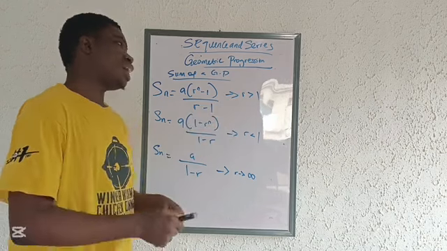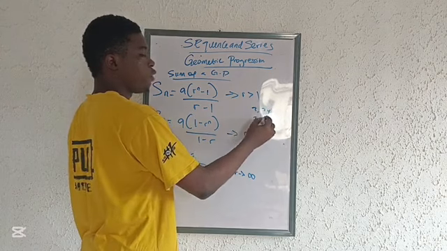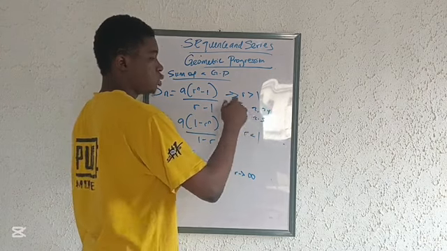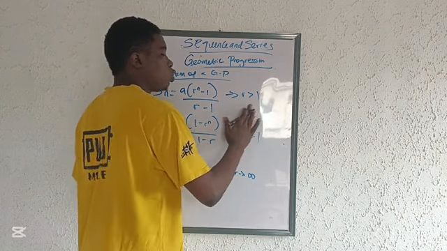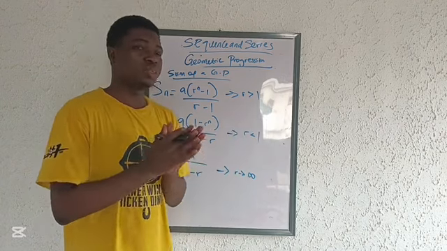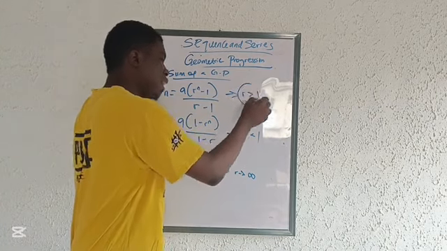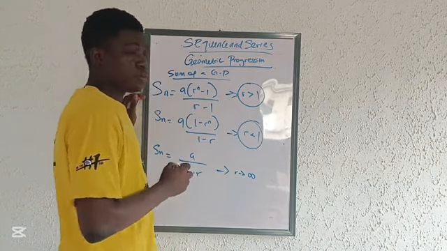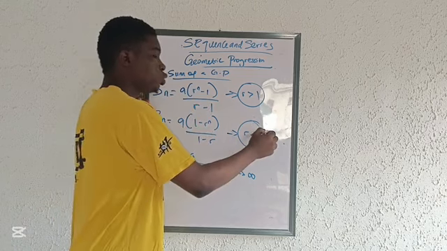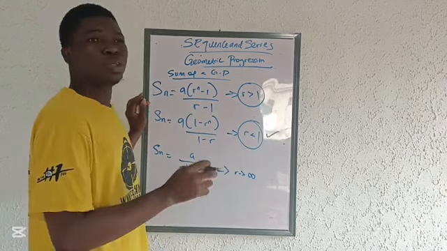Most times when you hear r is greater than 1, you think of 2, 3, 4, or 2.5. But when it becomes a fraction, you might get a little confused if you don't understand your fractions very well. Once it is a proper fraction, it falls under r less than 1, because proper fractions are always less than 1.